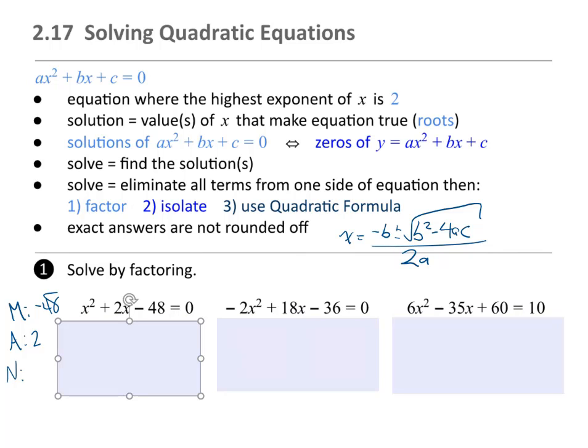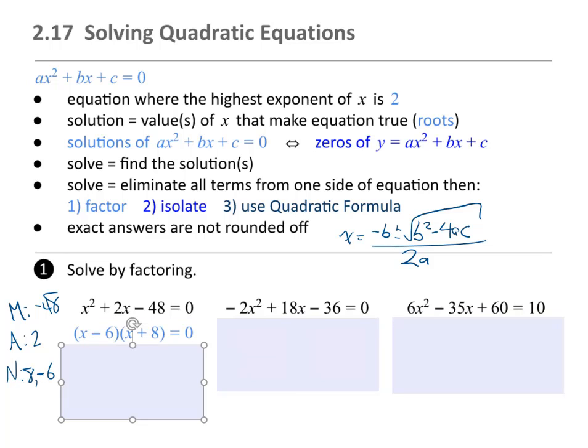If you said 8 and negative 6, you are correct. Sorry, I got those mixed up. And then I reveal this. So then our zeros are x equals 6, x equals negative 8. Perfect. Those are your solutions. We're solving by factoring.